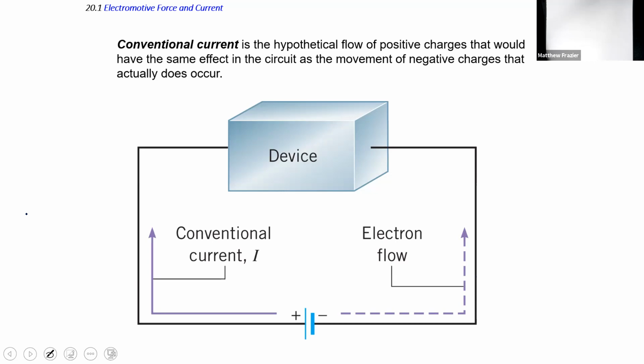If you try to do conventional current, it doesn't work as cleanly. So we can figure out what's moving, and 100 years ago or so, we did figure out the electrons were the things moving.